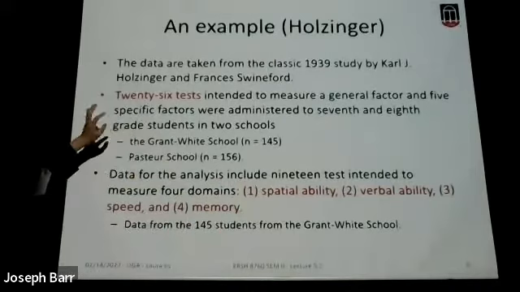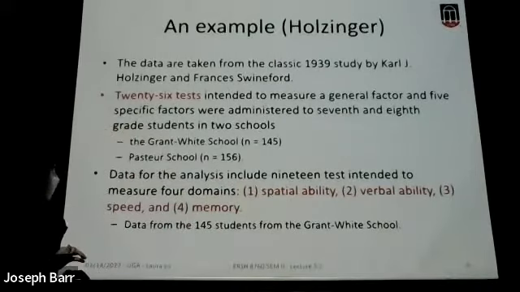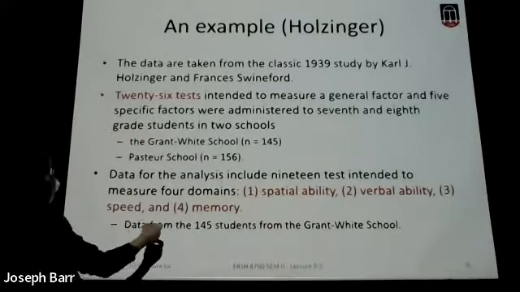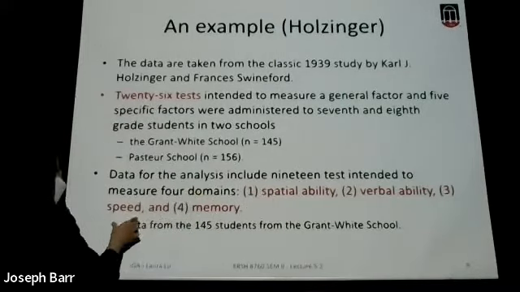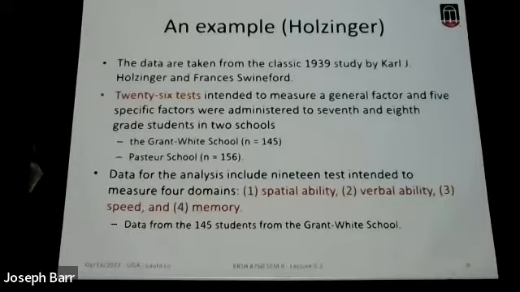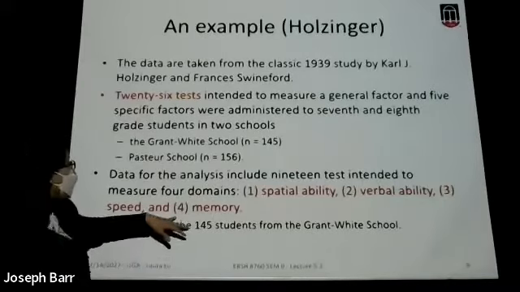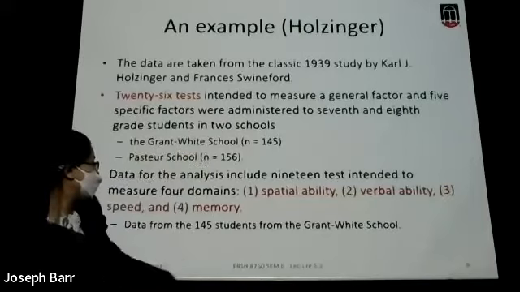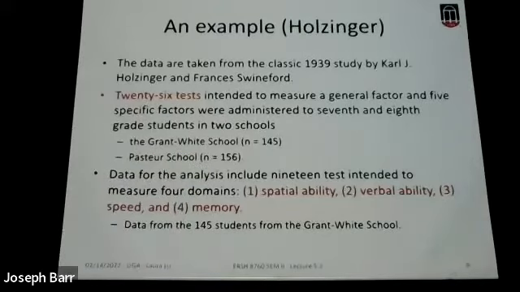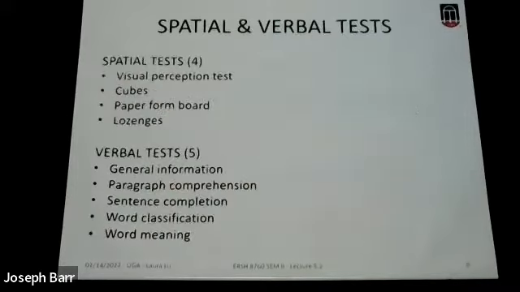For the 26 tests we have 5 specific factors, but we just extract the subset: spatial ability, verbal ability, speed, and memory ability. And we just use the subsample from the Grant-White school, 145 students. So that's a subset from the whole set.